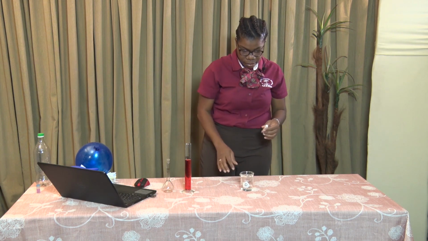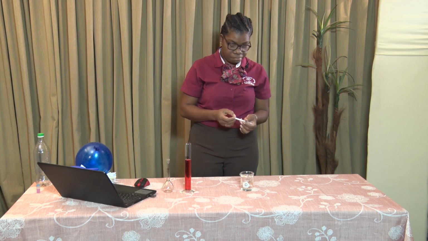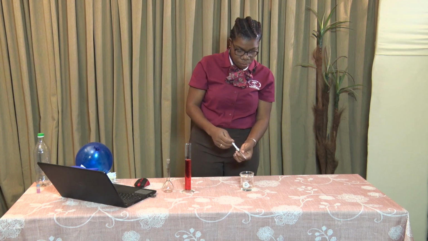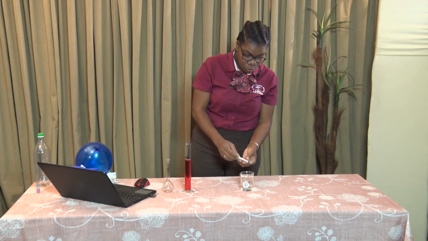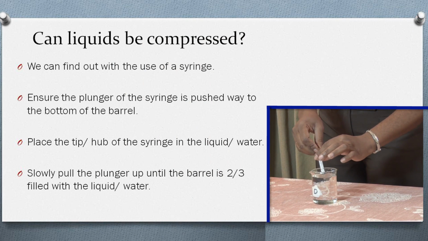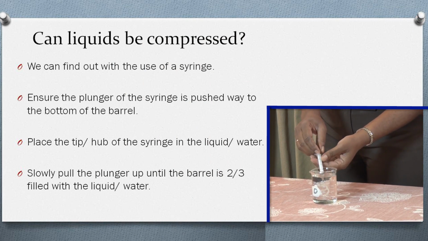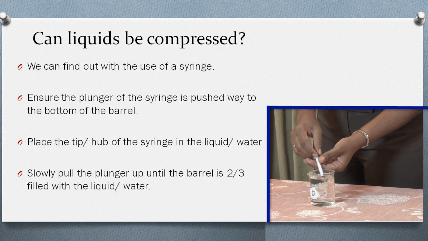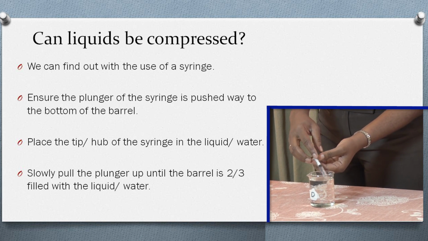Here I have a syringe. Good? So this syringe, here is the plunger, here is the barrel, and this is the tip or hub. What I'm going to do is fill this syringe by placing the tip with the plunger down in the liquid, and then I will slowly pull up to about 2/3 of the barrel.